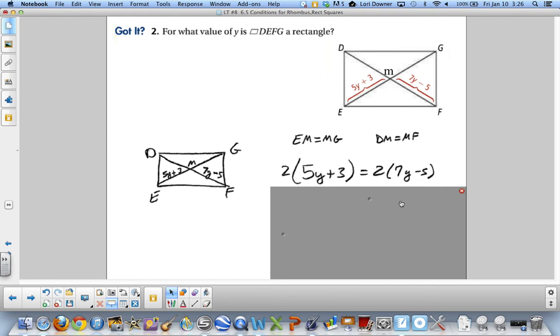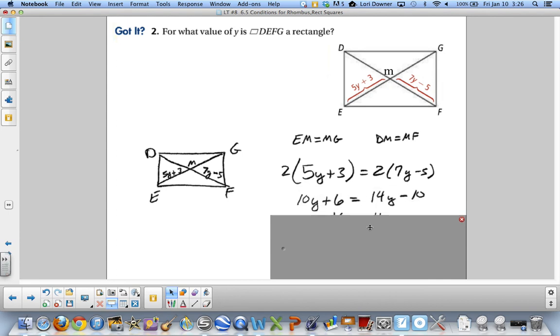Then I know that the two diagonals, DF and EG, are equal. So I can set 2 of the 5y plus 3's equal to 2 of the 7y minus 5's, meaning the entire diagonal is equal to the entire other diagonal.